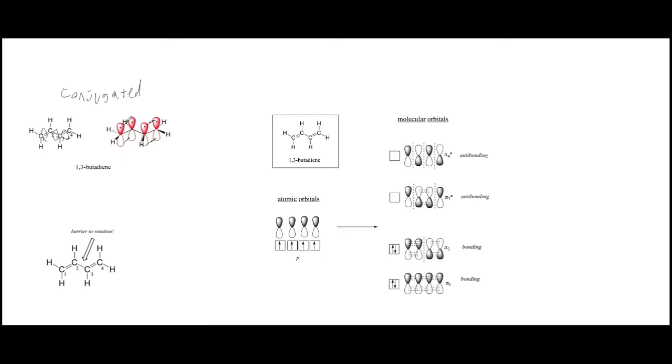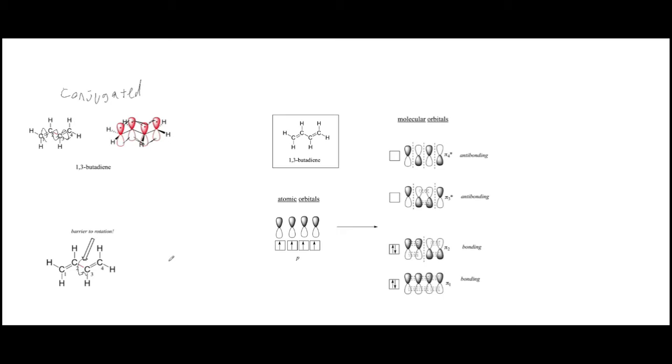But you can see we also can have interactions going on even at this single bond, and so we have somewhat of a double bond character even on the single bond, which right here it says is a barrier to rotation. You do not have any free rotation around the single bond as you would usually find in a normal single bond.